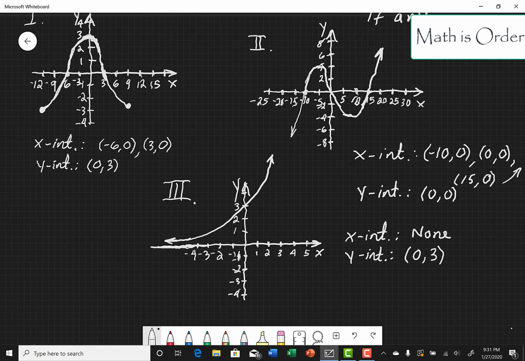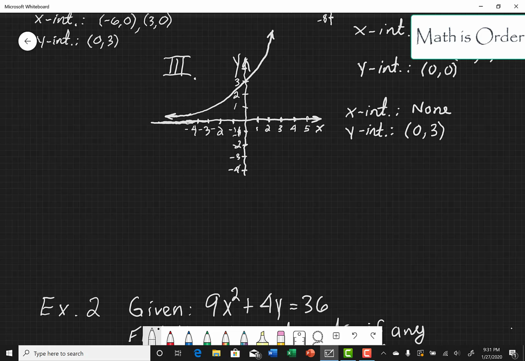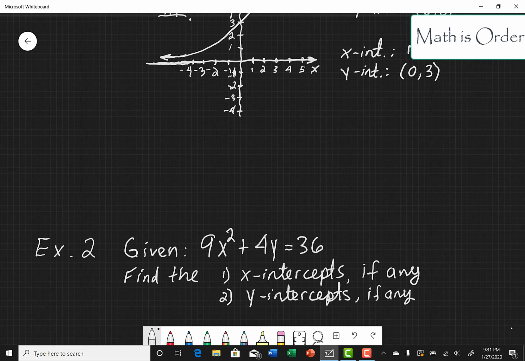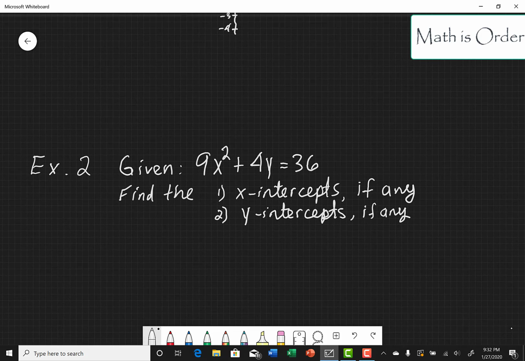All right, and then moving on, there's another type of question related to intercepts. Suppose this time we're given an equation and we're asked to find the intercepts, if any.